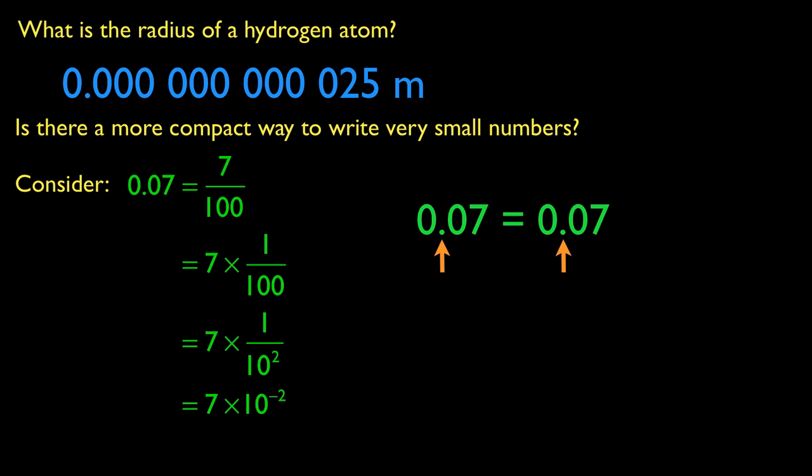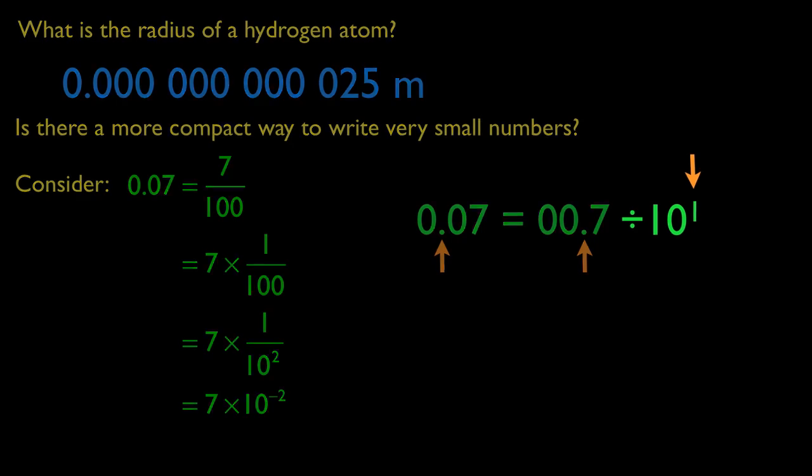So I'm going to slide it once, so it would look like this. In the process of sliding that to the right, one space, I just made that number 10 times as large. So I have to build in a divided by 10. So effectively what I'm saying is 0.7 divided by 10 is the same as 0.07. Now, dividing by 10 to the 1 isn't the most convenient way to look at it. Certainly it's not scientific notation.